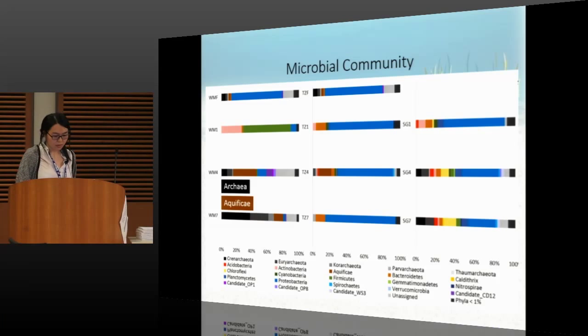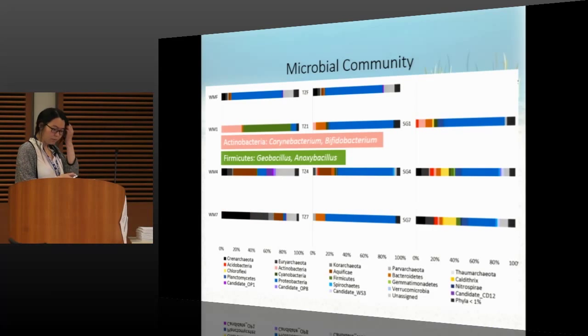As depth decreases, the whole community switches to Actinobacteria and Firmicutes, those mesophiles, which can adapt to the anoxic and oxic environment.